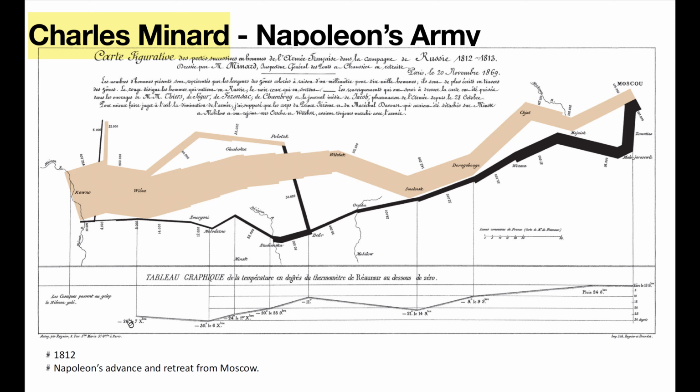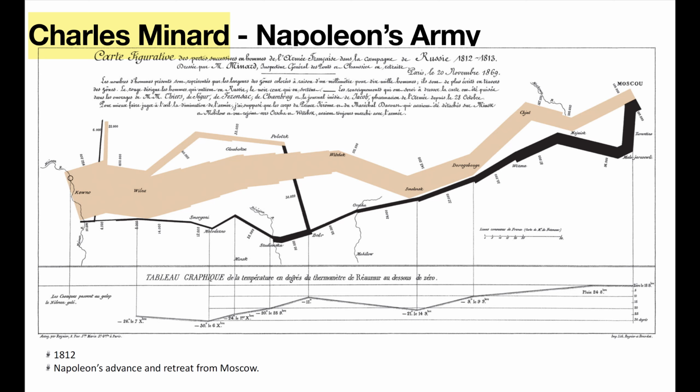On the bottom, what we see is the temperature during the retreat from Moscow, and as you can see, it was bitterly cold.